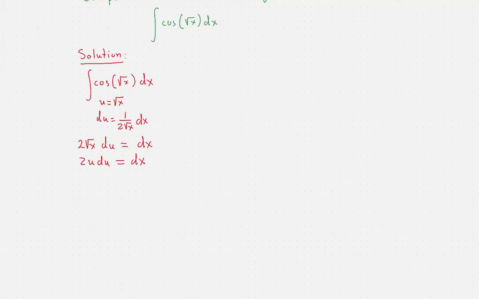So this becomes cosine of u, and then our dx becomes 2u du, which means that, simply speaking, we can take 2 outside the integral, and we really have the integral of u cosine u du. And here we can do a simple integration by parts. We've seen such an integration by parts before.